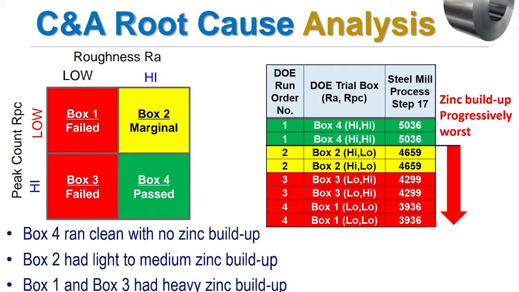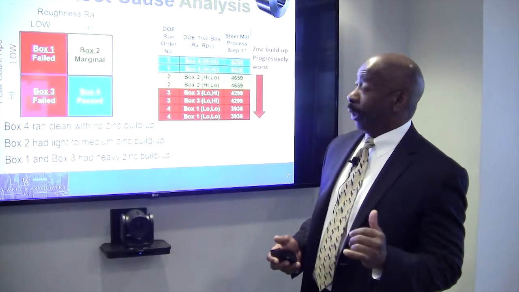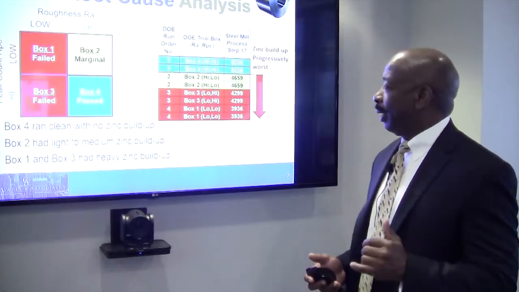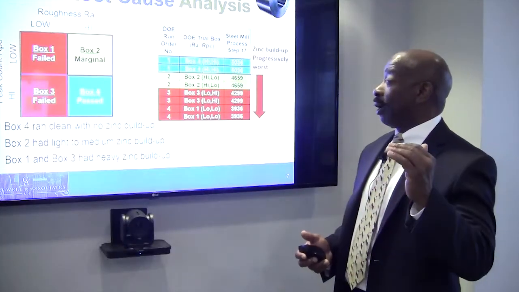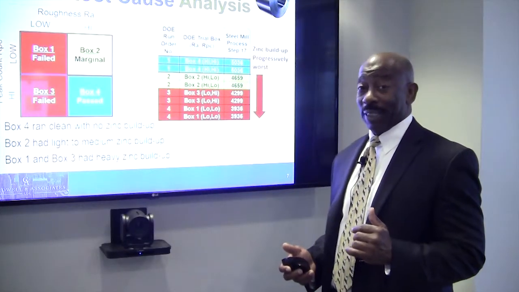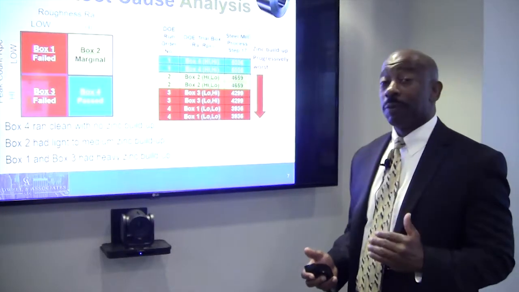In step 17, where it passed, it had a value of 5,036. Where it was marginal, it had a value of 4,659. And then it started failing at 4,299, and it got progressively worse.